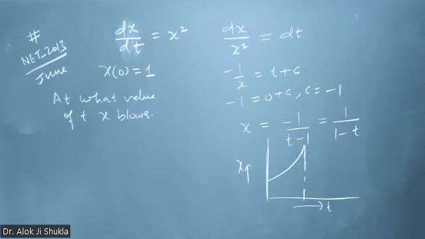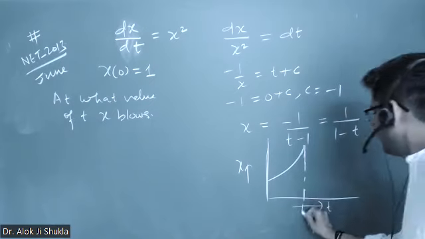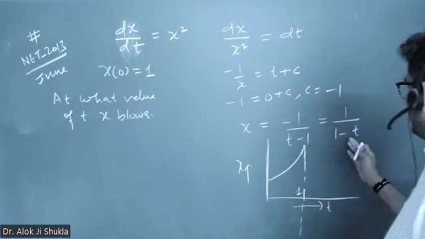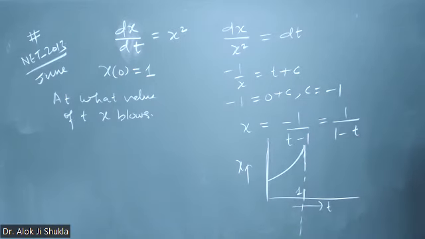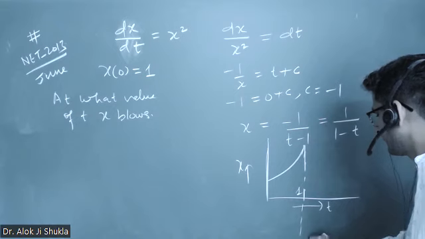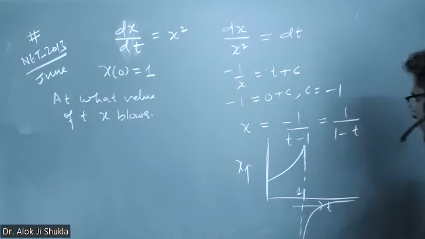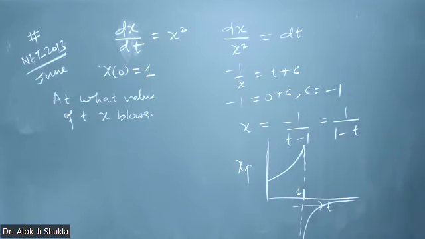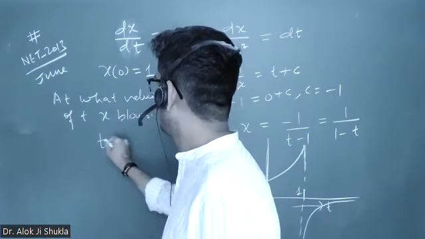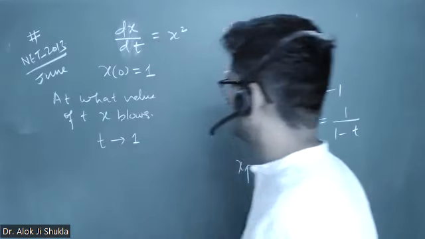Yes or no? Yes, sir. And as you go past this number 1, it will become negative. So it will come like this. At t equal to infinity, it will become 0. So the question was very simple. At what value of t does x blow? So at t tends to 1.